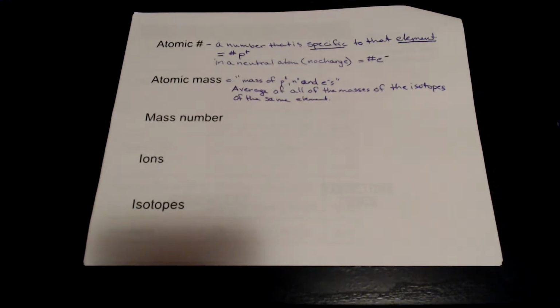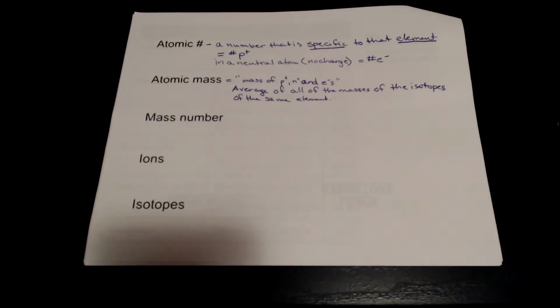So it's kind of hard to talk about the atomic mass when we haven't talked about what an isotope is yet. But we kind of have to keep them separate because I want to make sure that you're doing this logically. So if you want to think of it instead of isotopes as just types of the same element, then you can do that.